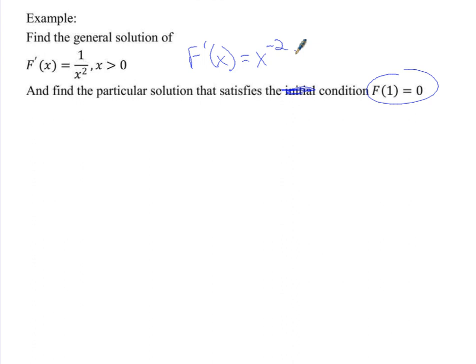What am I going to do? Add 1, just plus 1. If I rewrite capital F prime of x as like a dy over dx, then I need to write the differential form, so I wind up with a dx over here. If I integrate both sides, I wind up with capital F of x equals, I need a dx there. What is this?